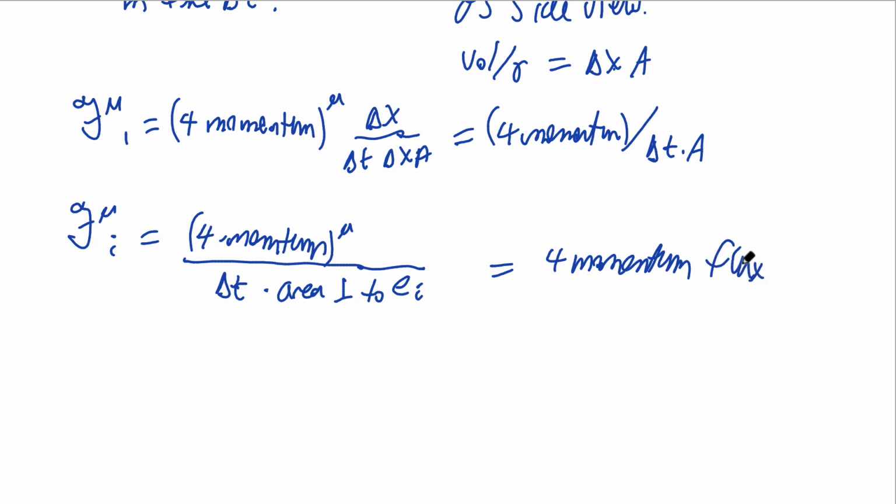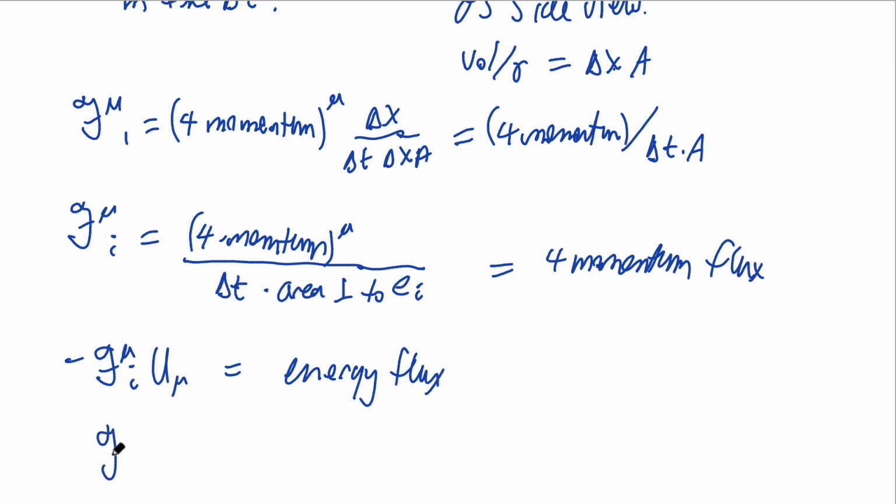Flux as seen by the observer O. And if we want to extract the energy, we just contract it with the four velocity of the observer O, and that picks out the energy part of this four momentum, and it gives us the energy flux. And if we'd like the momentum flux, we just contract it with the jth basis vector.